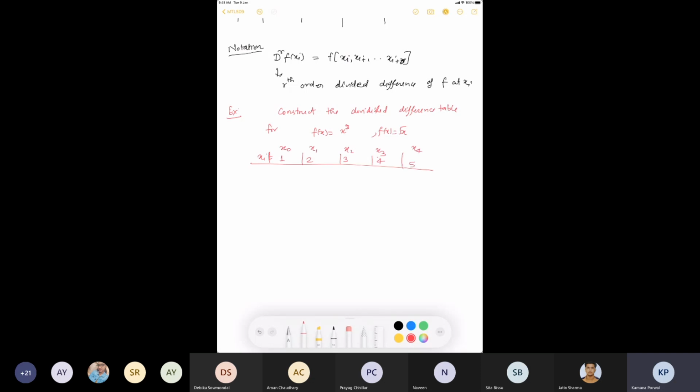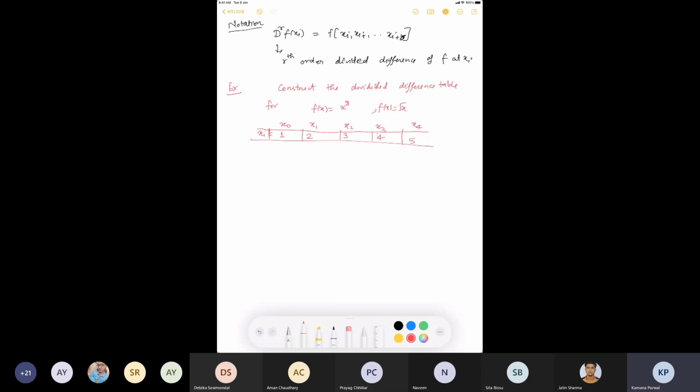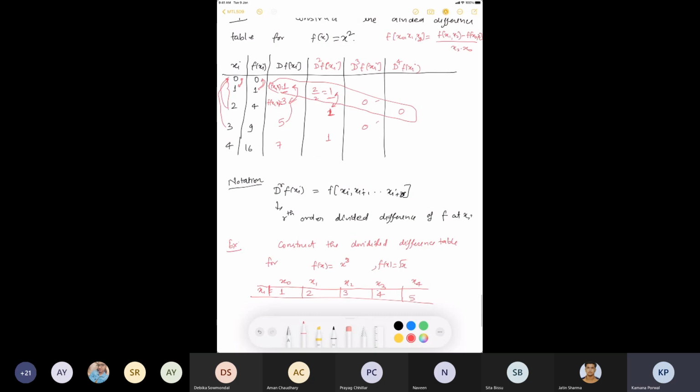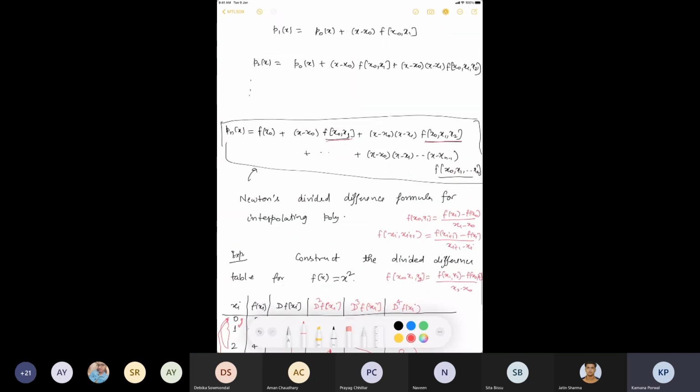You can use the calculator if needed. Once you have constructed this table, of course, it is easy to find the polynomial. You just have to use this formula, and substitute the divided differences which you will be finding from the table.